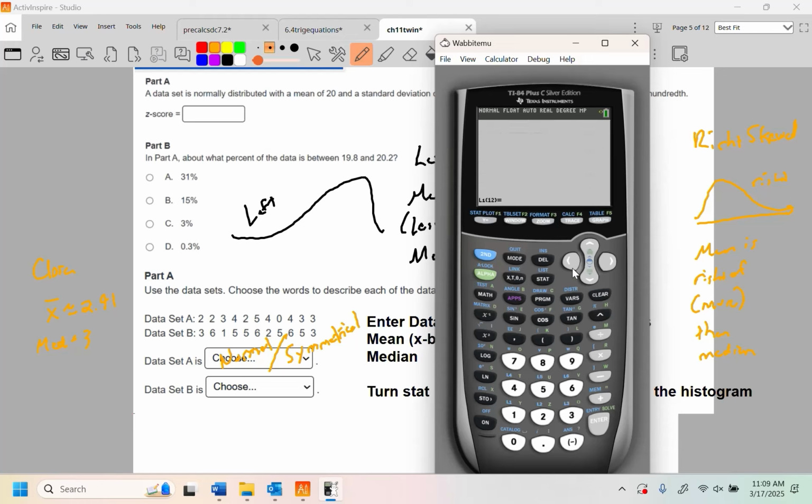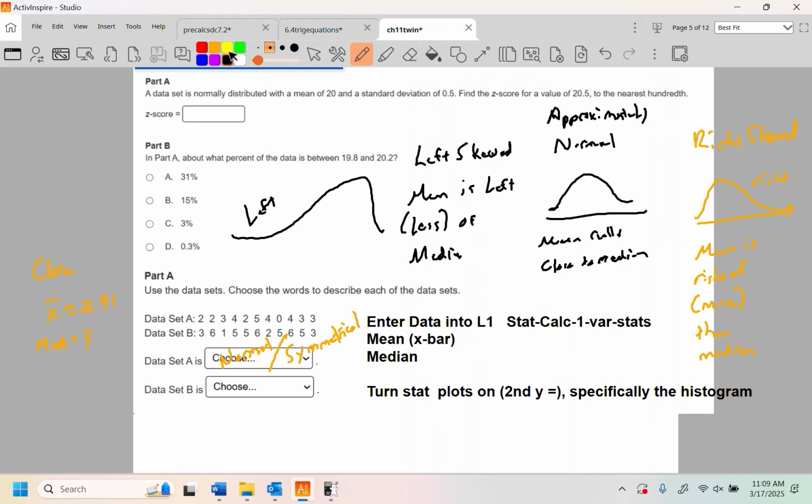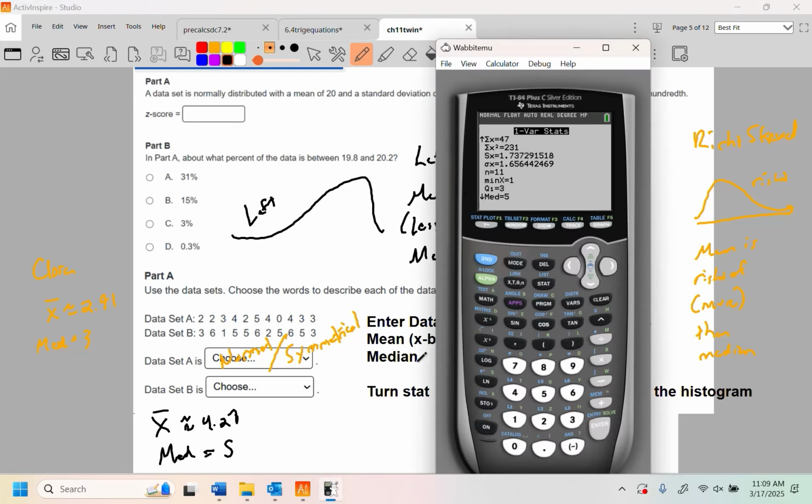All right, stat, calc, 1 var stats, calculate. So x bar is about 4.27 and the median is 5, which some kids would say they're pretty close. I guess they kind of are. But let's look at the histogram. So I've already turned everything on.